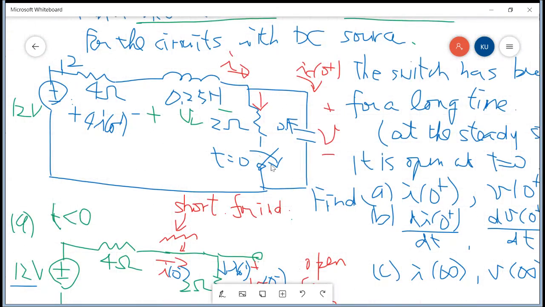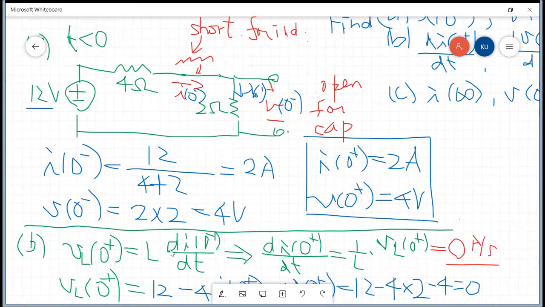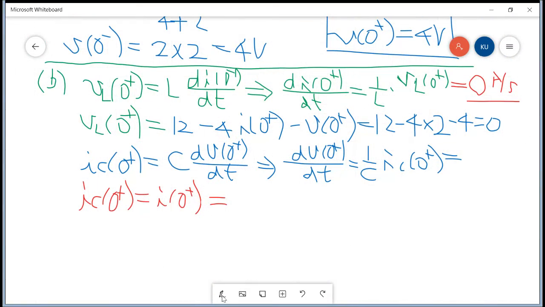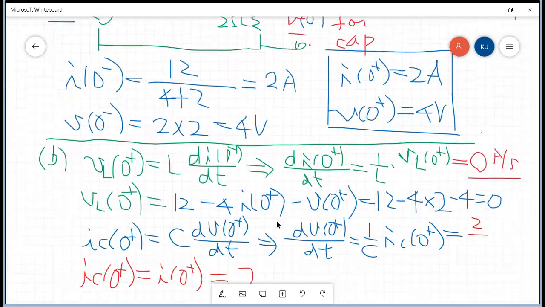Because for t equals 0, the switch is open. So at t0 plus, there is no current going in this path. So actually IC0 plus is actually I, which means that IC0 plus is 2. So here is 2 over, what is the capacitance?